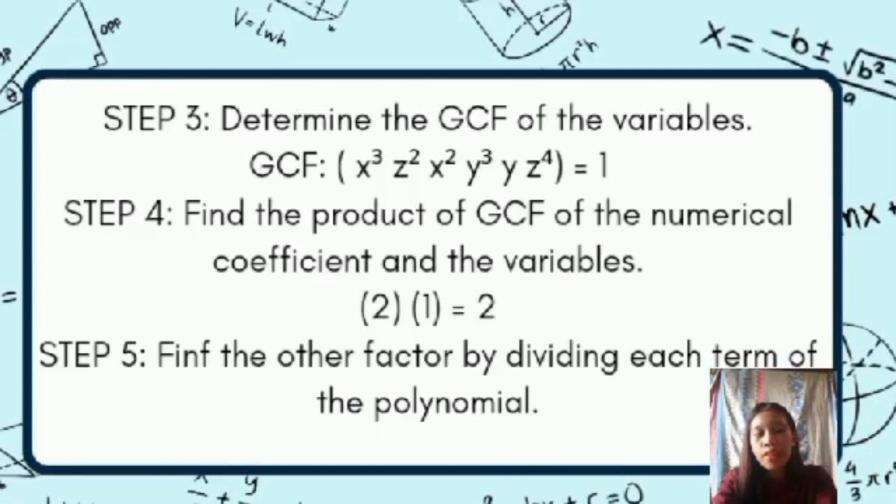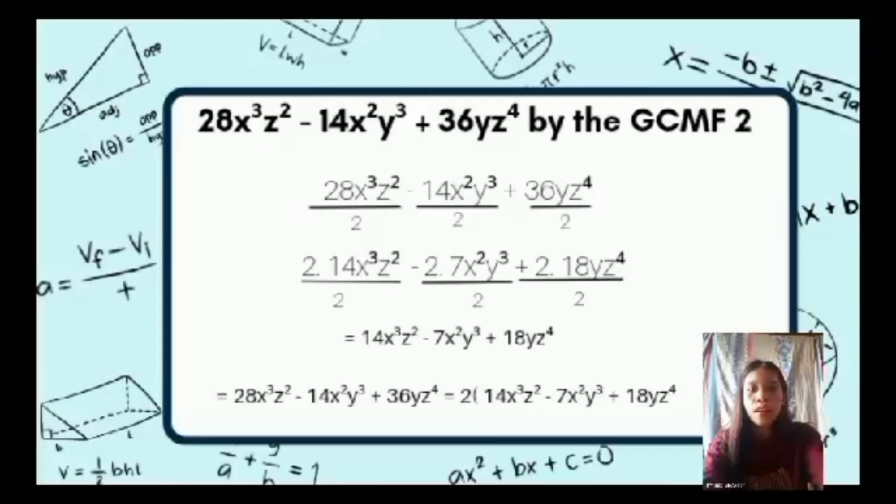Next, step 5 is to find the other factor by dividing each term of the polynomial. The GCMF of 28x cubed z squared minus 14x squared y cubed plus 36yz to the power of 4 is 2, so we need to divide it by 2. So, 28x cubed z squared divided by 2, minus 14x squared y cubed divided by 2, plus 36yz to the power of 4 divided by 2.